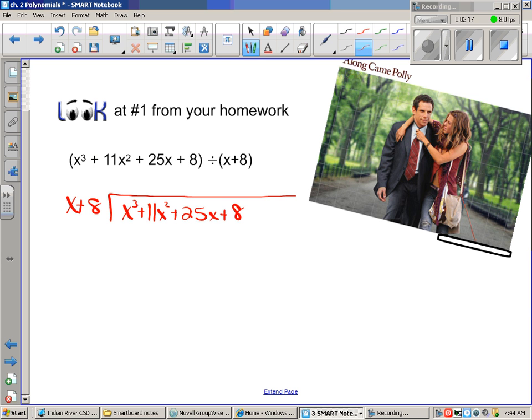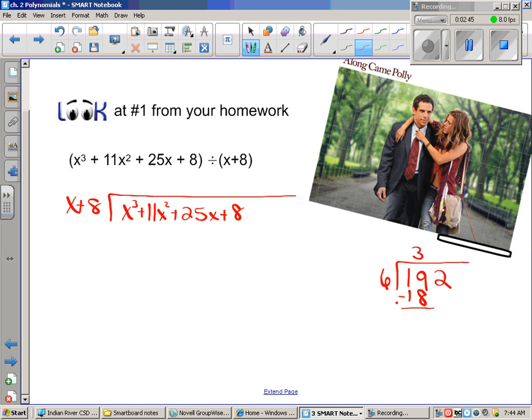And now what I want you to remember is back in 3rd grade, when you first learned how to divide, let's just say 6 into 192. How do you do that? What do you have to do? You start by looking at 6 times what gives you 19. Okay, well, 6 times 3. Then you multiply 3 times 6 and you get 18.